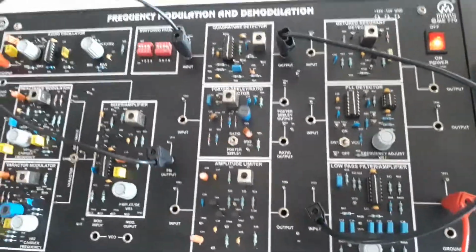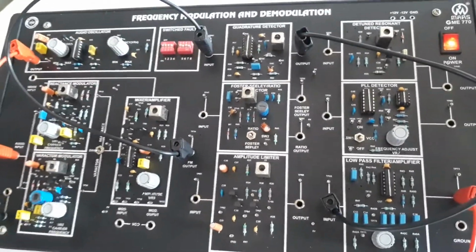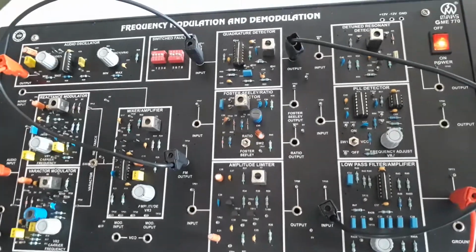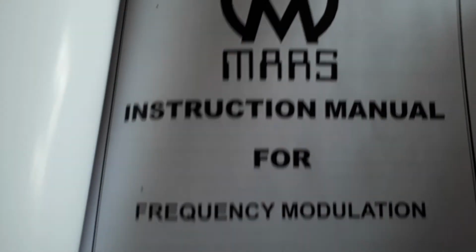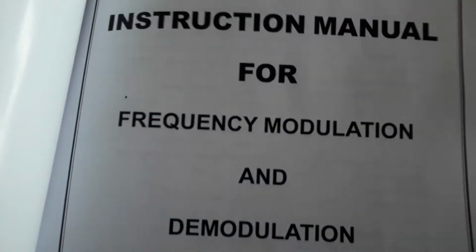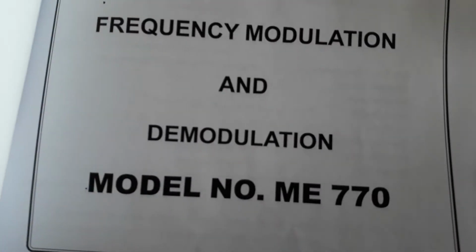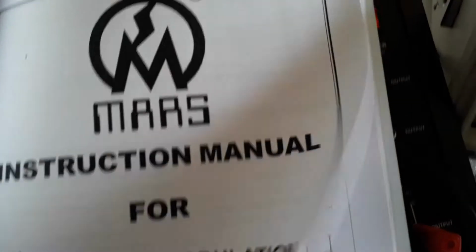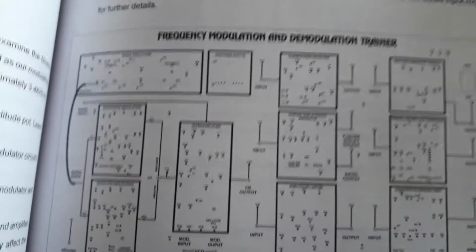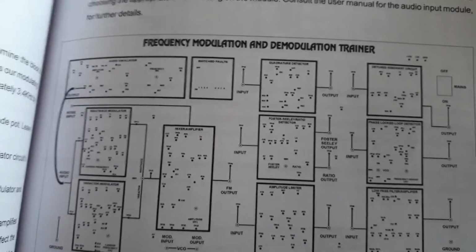According to the manual, all experiments follow step by step instructions in the manual for frequency modulation and demodulation, ME770. And this is the diagram of circuits.